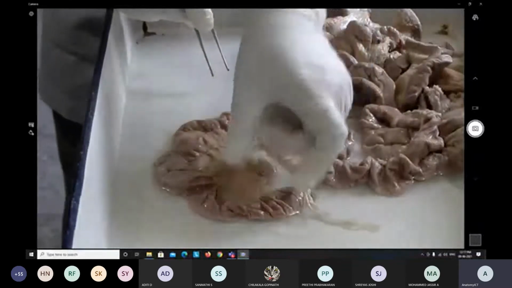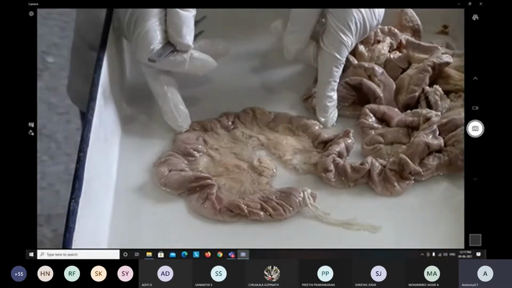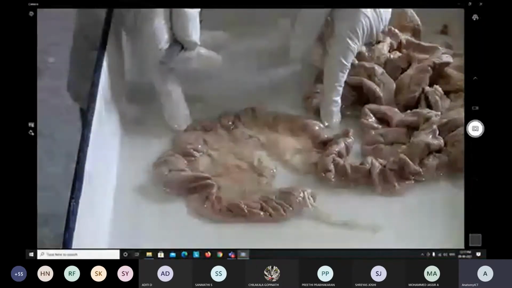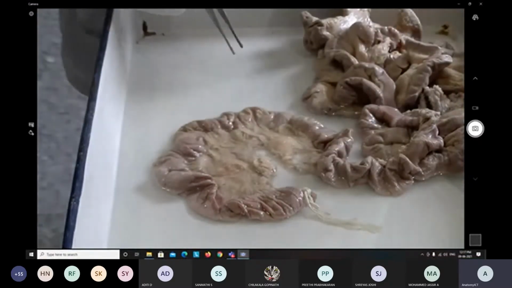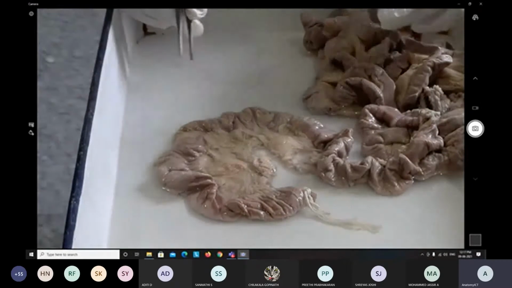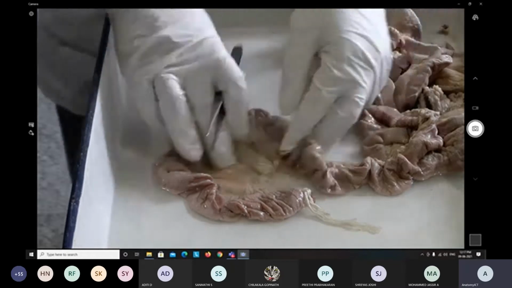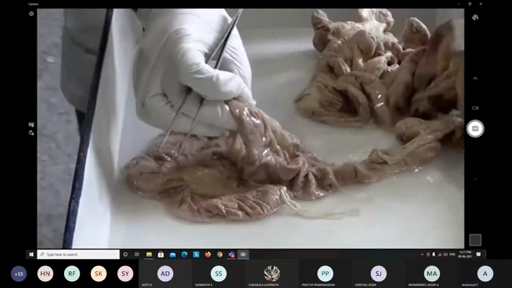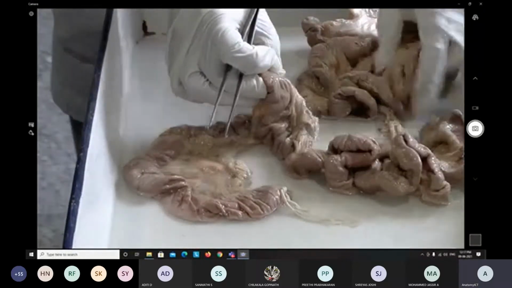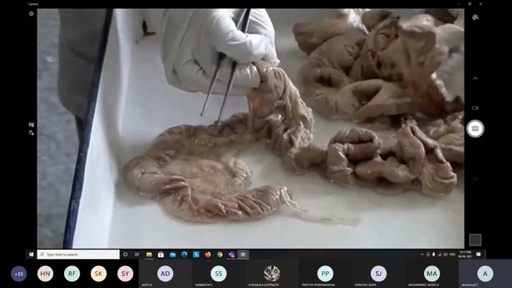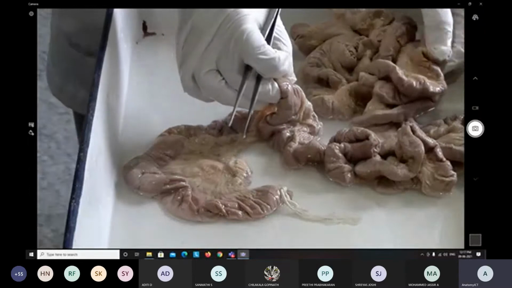Remember, the first part is 5 centimeters, the second part is 7.5 centimeters, the third part, the horizontal part, is almost 10 centimeters, and the fourth, oblique part is around 2.5 centimeters. Then the length of the jejunum is approximately 2.5 meters.